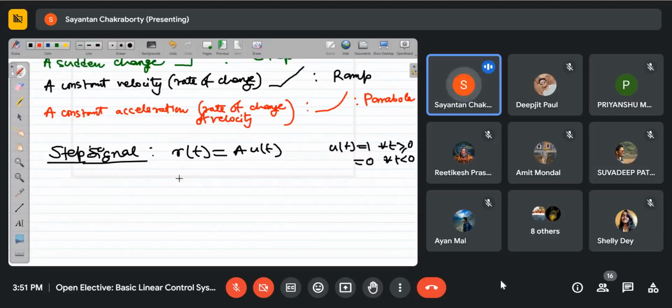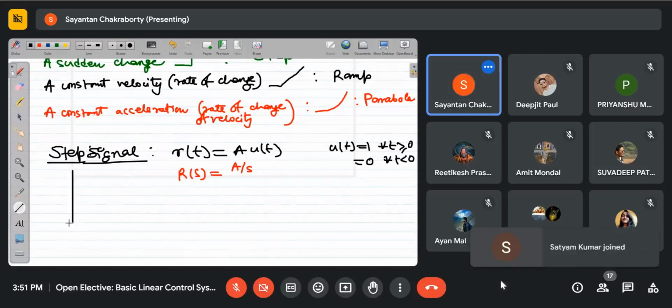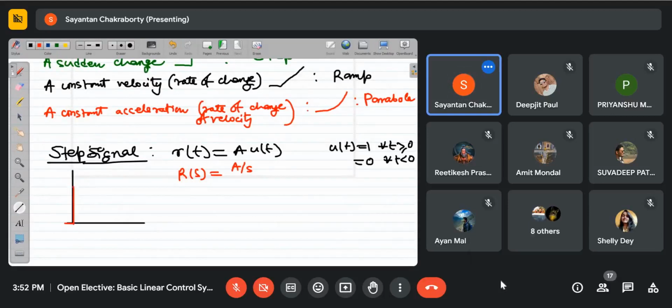And we have from this R(s) equal to A by s. And how do you represent them graphically? This is the step signal.